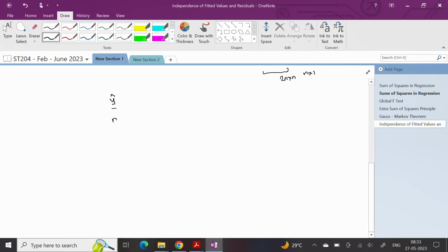So y hat and E will have a normal distribution with dimension 2n, expectation whatever we derive, and variance also whatever we derive. Let me write mu j for the mean of this joint vector, and call the joint variance covariance matrix sigma j. Let me now derive the formulae for mu j and sigma j.